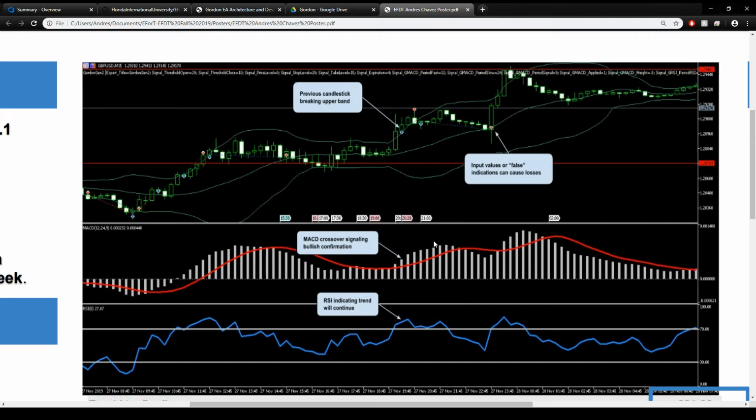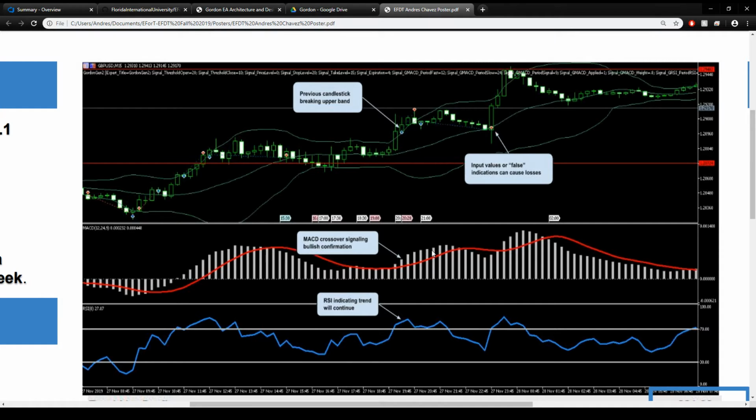Above it, we have this thing called a MACD. MACD stands for Moving Average Convergence Divergence. I'm not going to go into the technical weeds of it, but it essentially tells us the likelihood that a trend is going to continue.